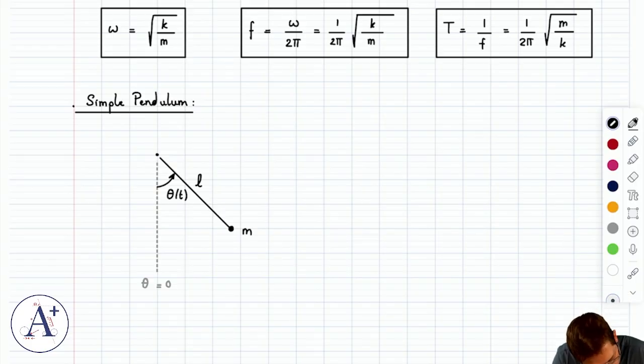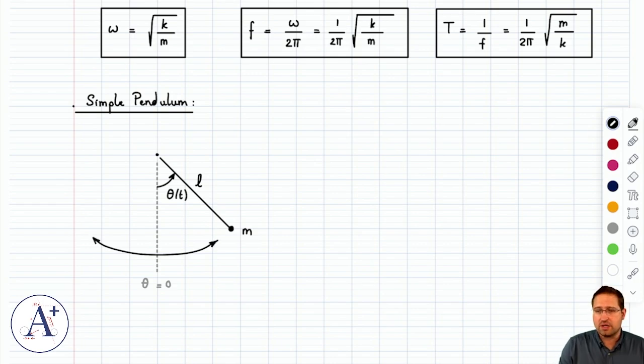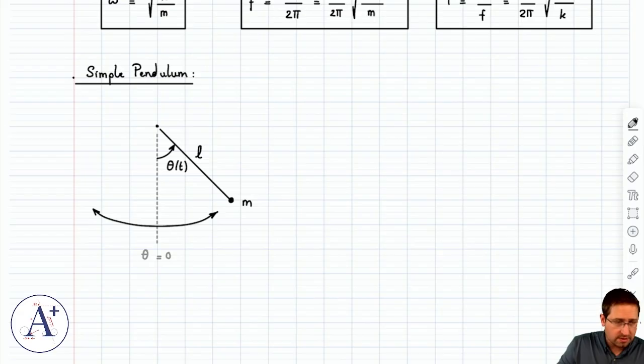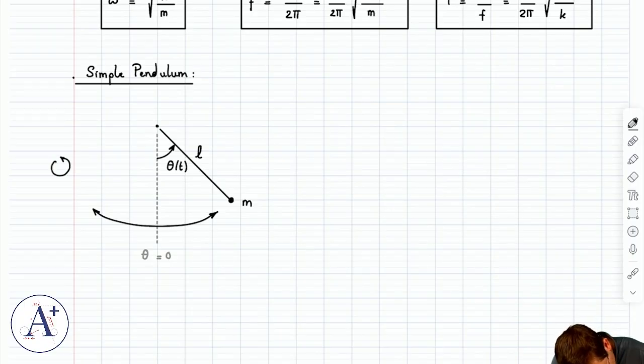And this thing is going to go back and forth like this and oscillate, in fact, forever, because we're going to neglect energy losses. In other words, we neglect air resistance, and so the pendulum never stops swinging. Okay? Now, let's make counterclockwise the positive direction. Let's call this our pivot.